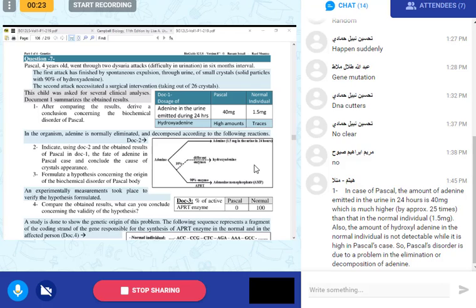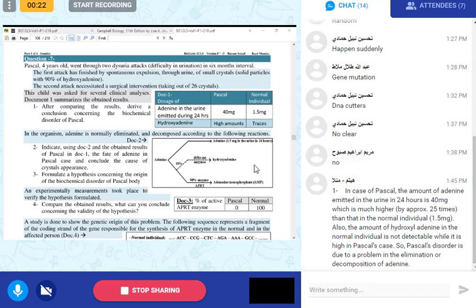What can you conclude? He has the same pathway as the normal, but not 10% and 90%. So he has a problem in one of these three pathways. Which one has the problem? Hydroxyadenine? No, he is producing high amounts of hydroxyadenine. So what is not happening? What is not being converted? The last one, APRT. So no production of AMP. So the problem may be in the enzyme APRT.